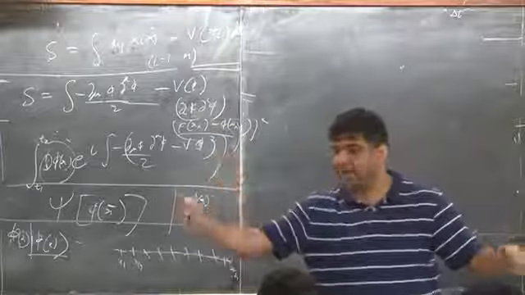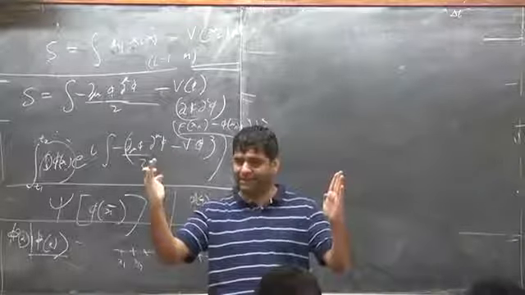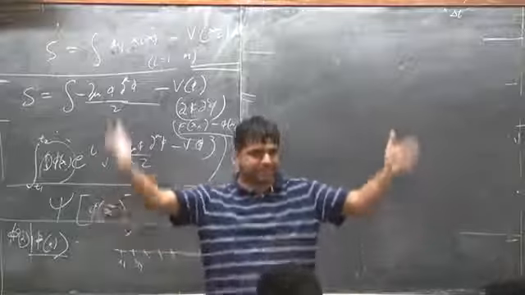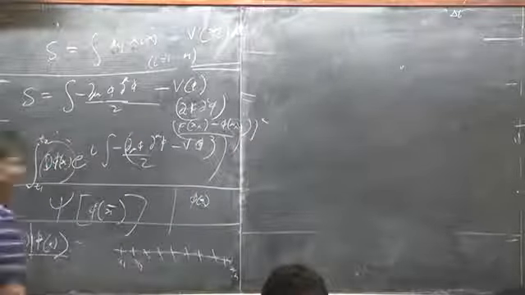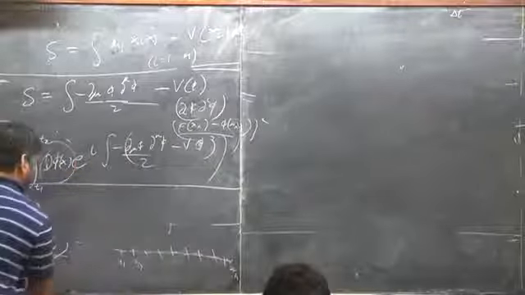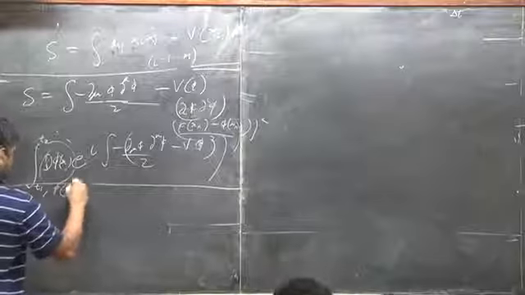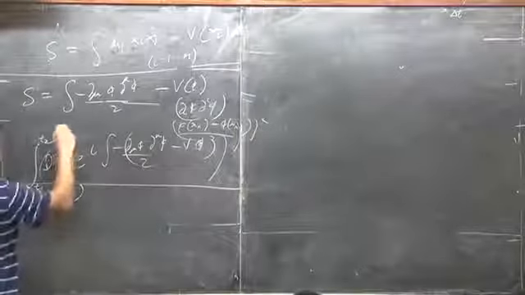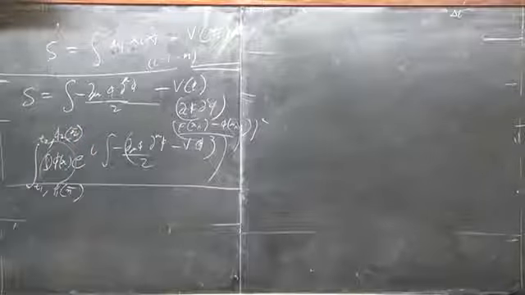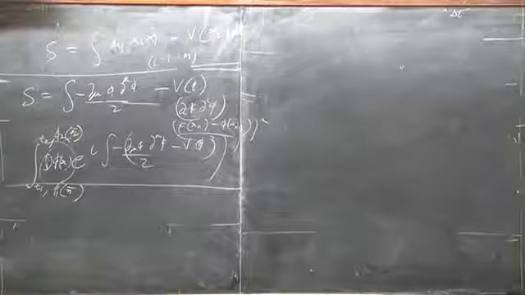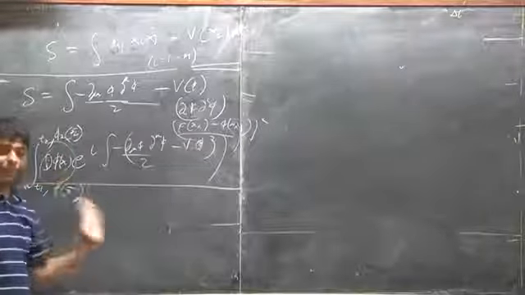I need to say what x was at initial and final time, because this action, once you discretize it, is not well defined unless you know what's happening at the boundaries. So this object is only well defined if I specify that at t1, I know what the function is, some phi 1 of x, and at t2, I know what this is, some phi 2 of x. Is this clear? Then this object is now a clear number.